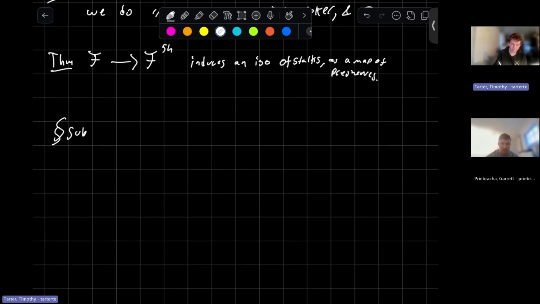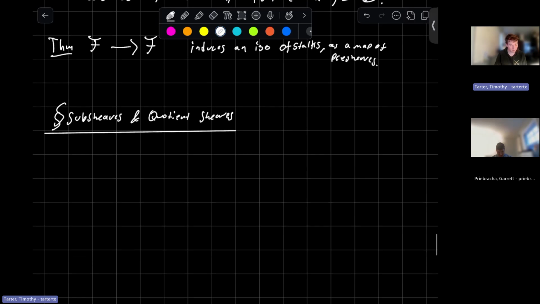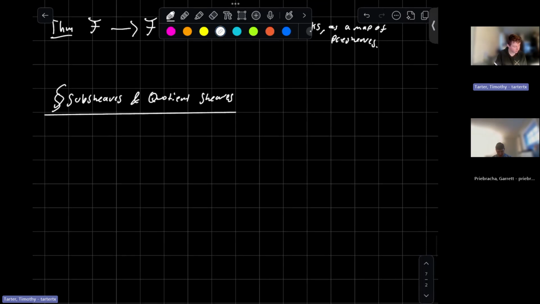Section subsheaves and quotient sheaves, from the perspective of stalks.